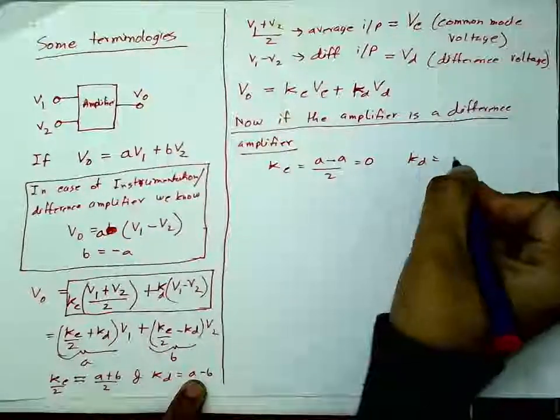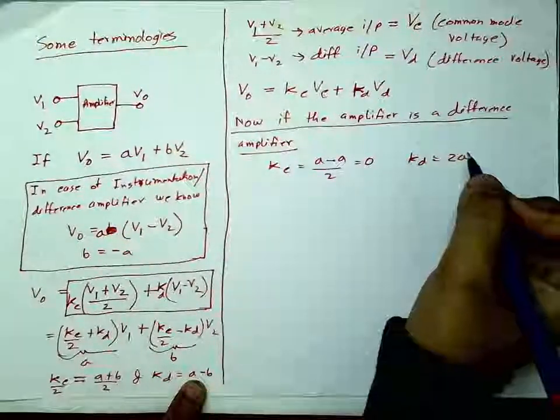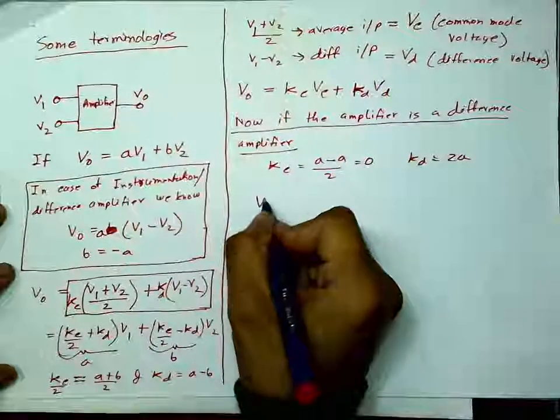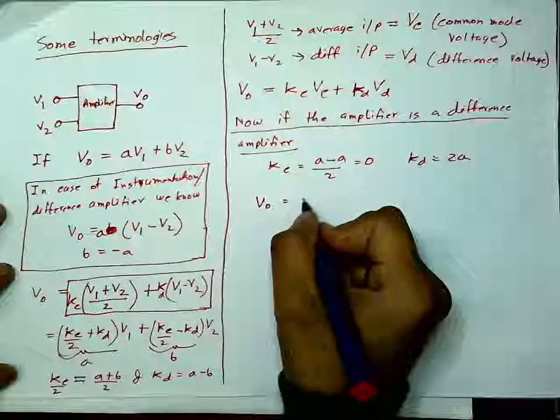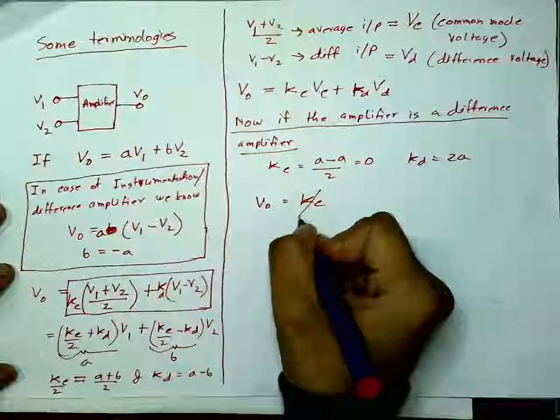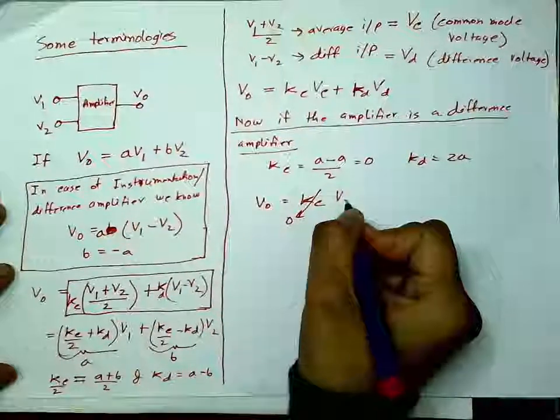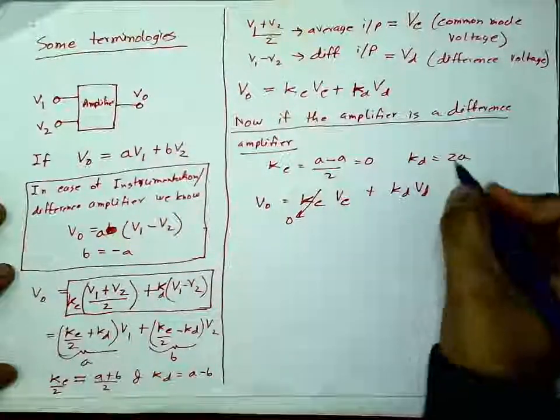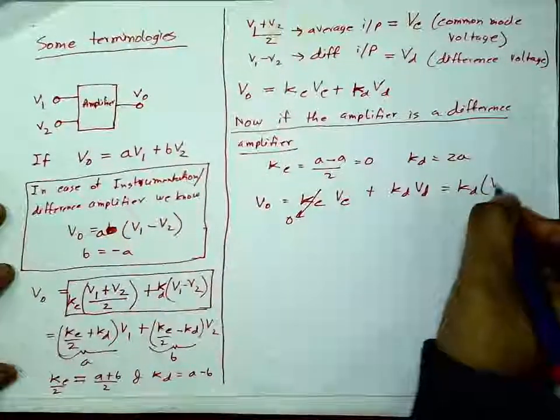Kd will be 2A. So this term will vanish. So VO will be ideally Kc equal to 0 times Vc plus Kd Vd. This is non-zero, or Kd times V1 minus V2.